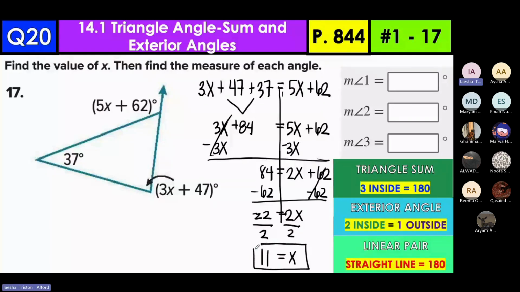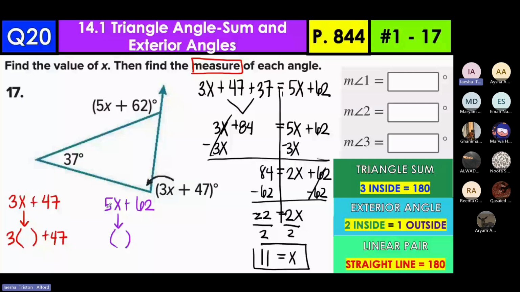What does the question want from you? Measure. So you have to take each one. 3x plus 47. Do not write x, parentheses. The 3, put it here. The plus 47, put it here. The other equation, 5x plus 62. Do not write x, put parentheses.